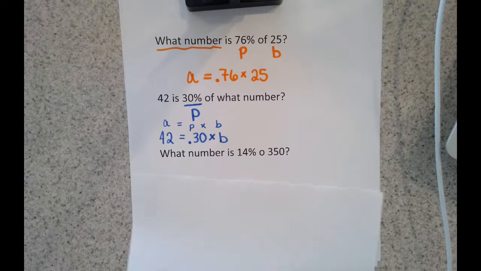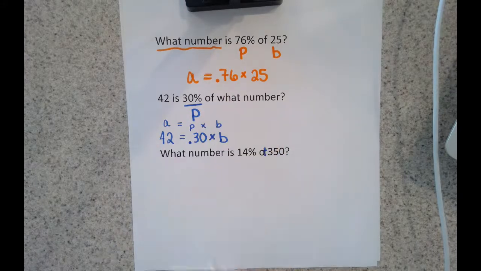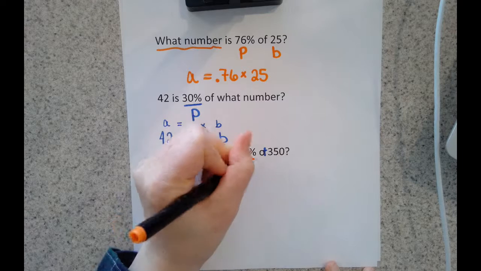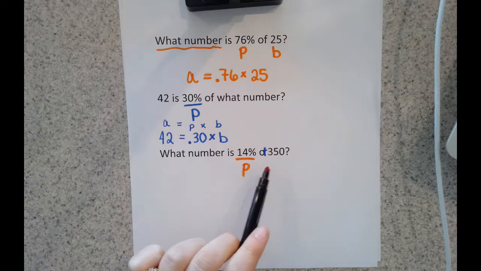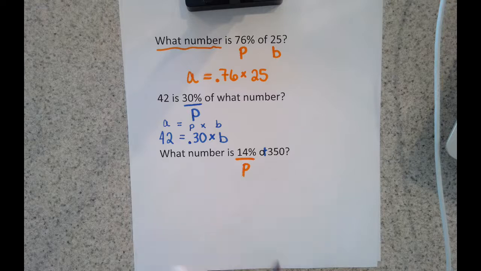All right, last example here. What number is 14% of 350? Oops, typo there. Of 350. Okay, so again, clearly I'm given the percent in this case because there's a percent sign by the 14. And now I have to decide, wait, is 350 my base or my part? 14% of 350 means I'm going to take a part of the 350 total. So in this case, 350 is my base.